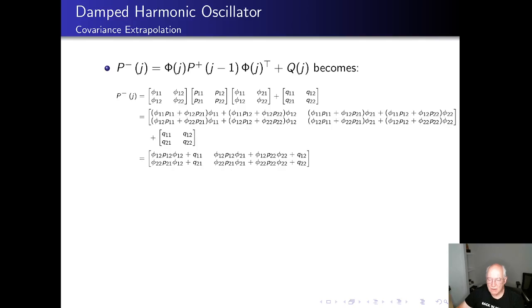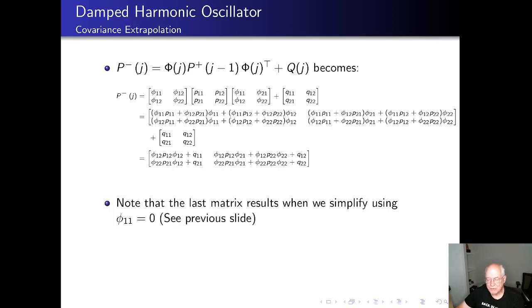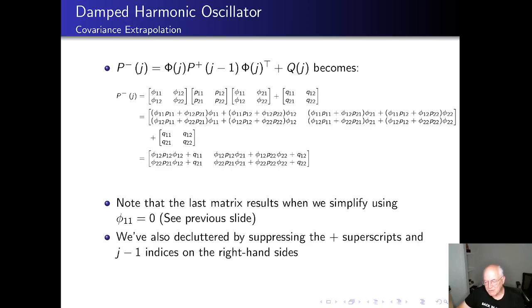And then you can simplify that once you apply the fact that we know that phi 1,1, the first element of phi in the upper left-hand corner, is actually 0. So that helps us simplify the calculation and makes it fit on one slide. We've also decluttered, as before, the superscript pluses on the right-hand side and also the j-1 indices.